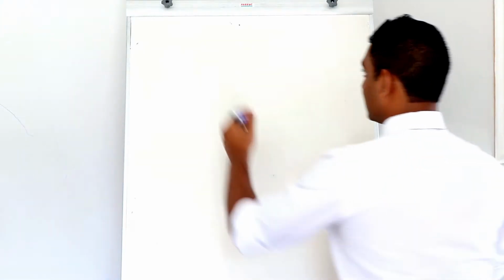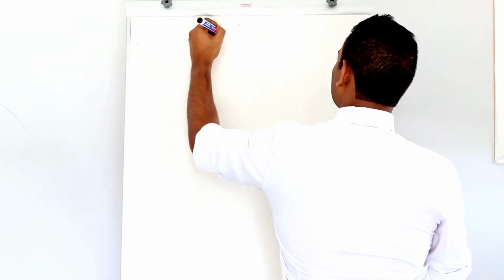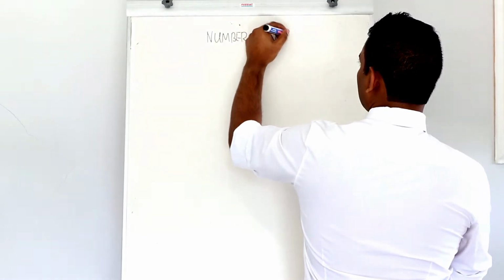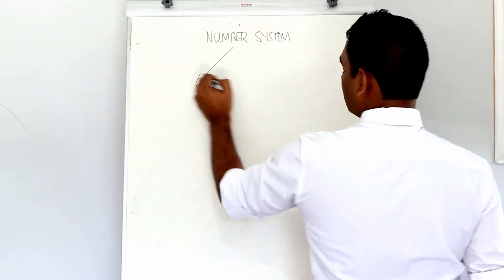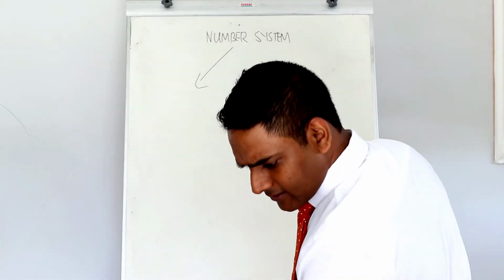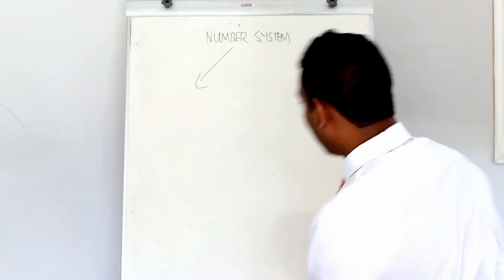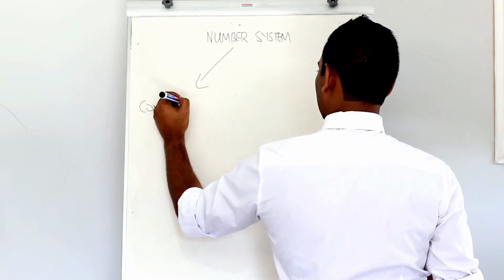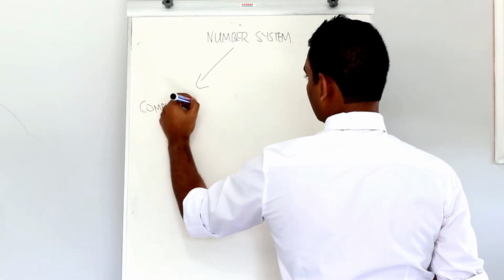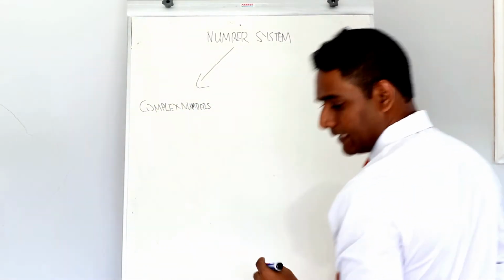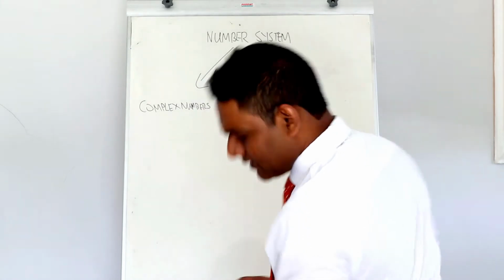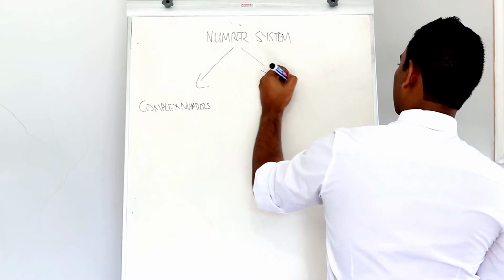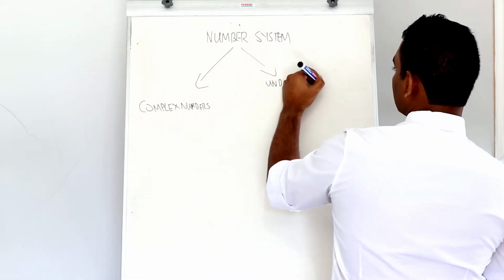If we look at the number system, we start off with, let's call it, the number system. Now in this number system, it's broken up into two parts: complex numbers, and on the other side, undefined numbers.